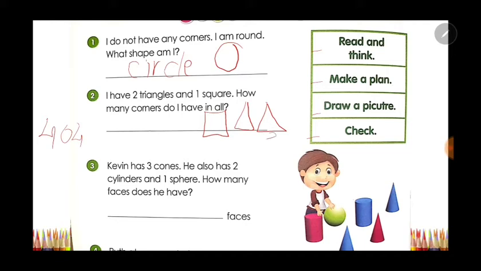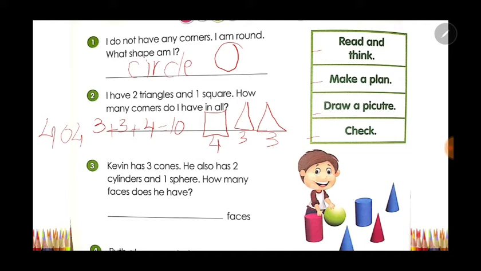This triangle is a 3, and this one is a 3. 3 and 3, double of 3 is 6. And for this square I have 4 corners. 6 and 4, perfect. So it's 10. So you have to say 3 plus 3 plus 4. The answer is 10.